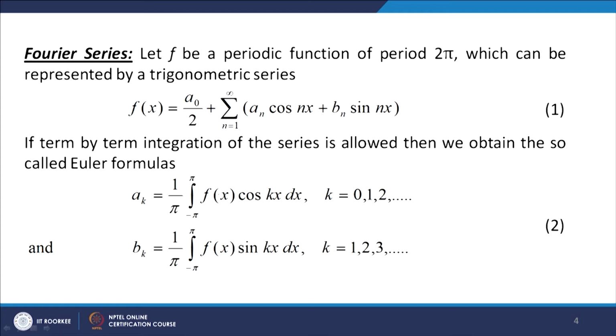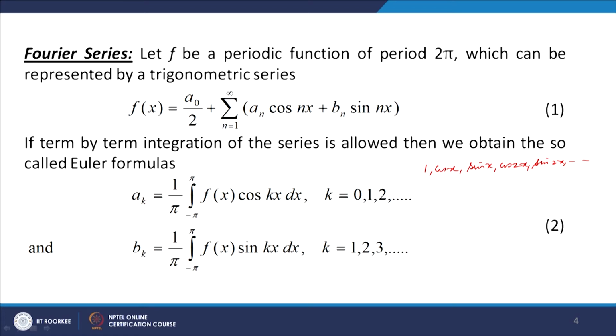You can see that because we have 1, cos x, sin x, cos 2 x, sin 2 x, they are all orthogonal functions over the interval minus pi to pi. That means, if you take any pair of these functions over the interval minus pi to pi, take their product and integrate over minus pi to pi, then the integral is always 0.